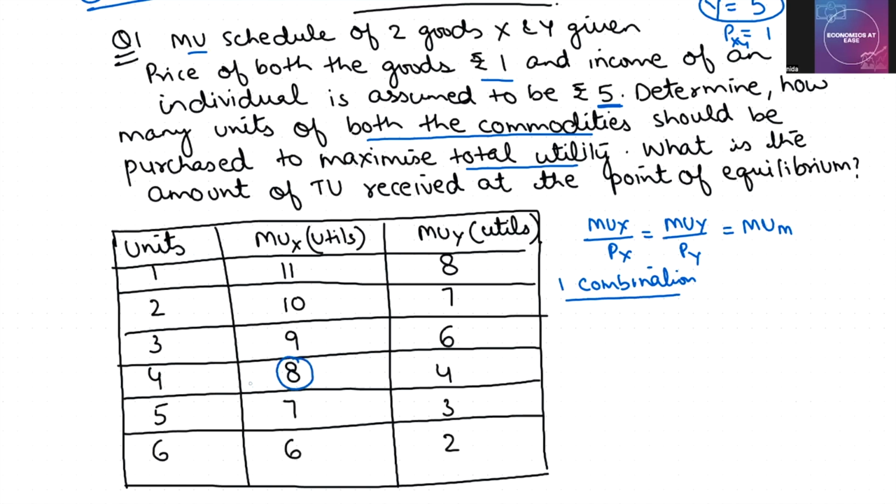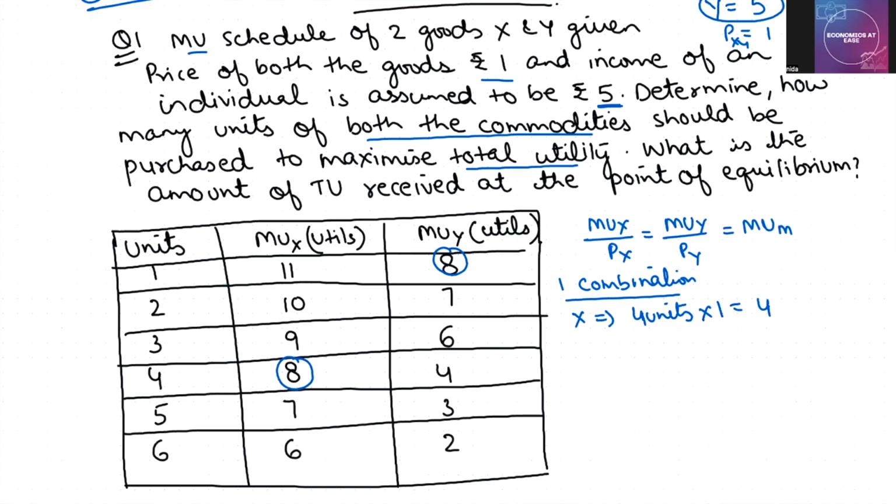So on commodity X, 4 units can be purchased, 4 units into 1 is 4. You are spending 4 rupees on getting 4 units, and the additional satisfaction is 8. The additional satisfaction is 8 on Y commodity when he is purchasing 1 unit.